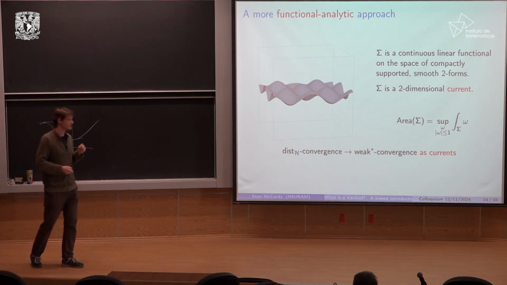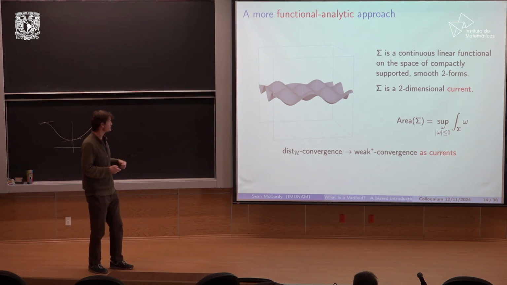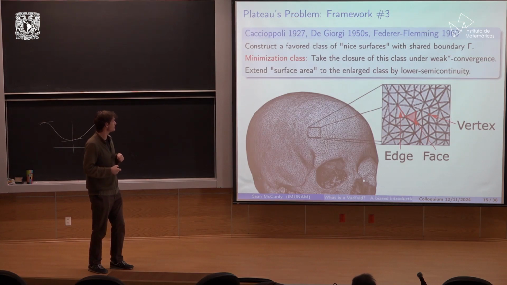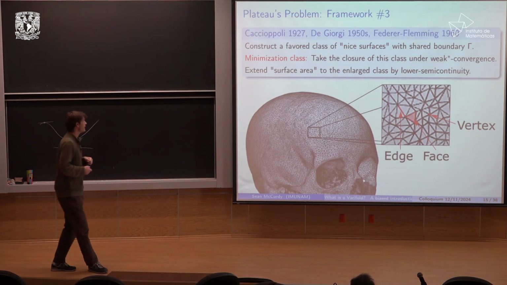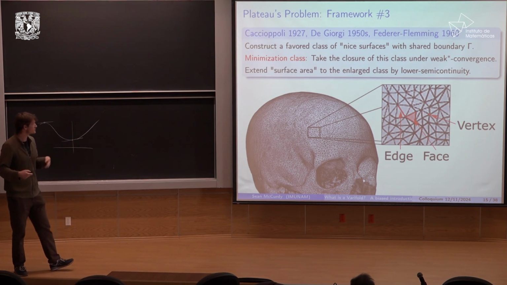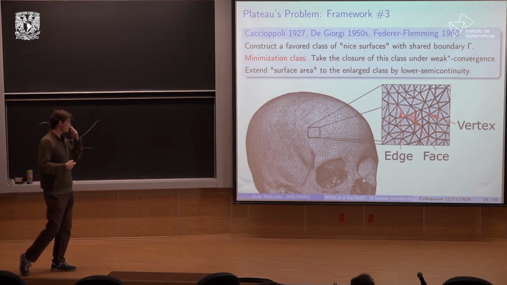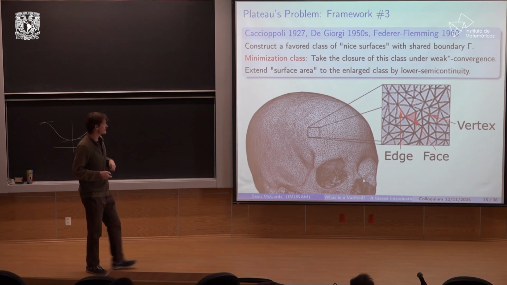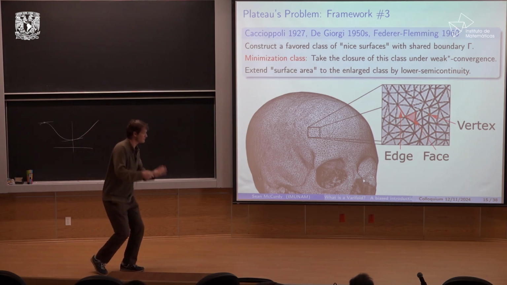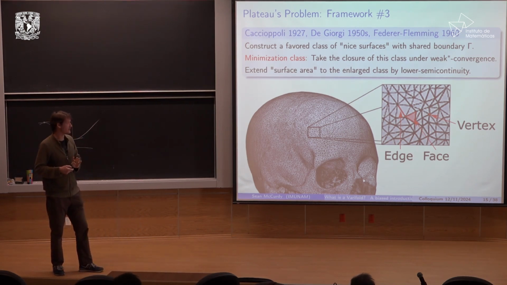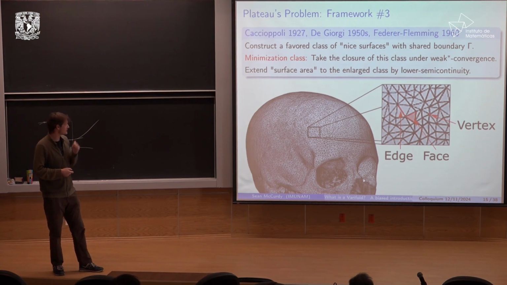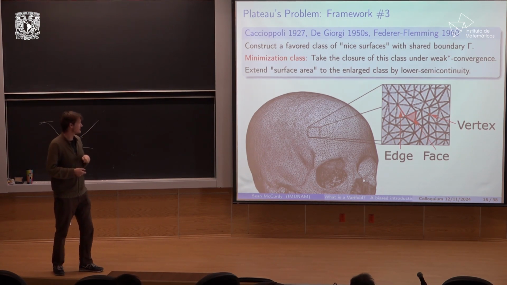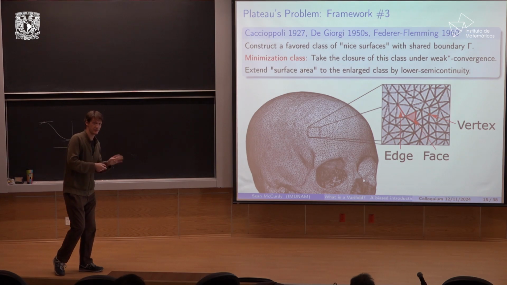This has a lot of very natural advantages. And this is really the approach to Plateau's problem put forward by Federer and Fleming in 1960, although the idea in many ways goes back to Caccioppoli in 1927 and De Giorgi in the 1950s, where he solved the isoperimetric problem.